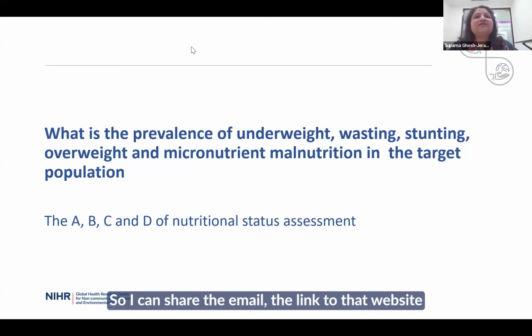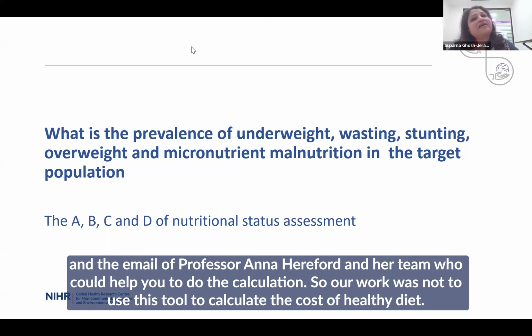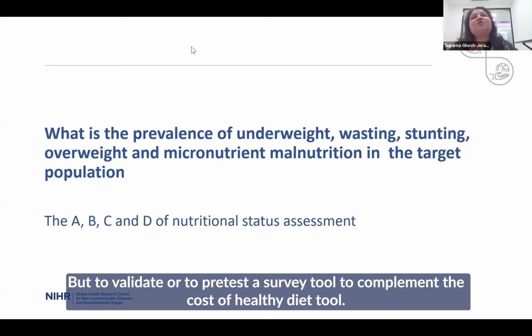So I can share the link to that website, and the email of Professor Anna Herford and her team, who could help you to do the calculation. So our work was not to use this tool to calculate the cost of healthy diet, but to validate or to pre-test a survey tool to complement the cost of healthy diet tool. Is that clear?